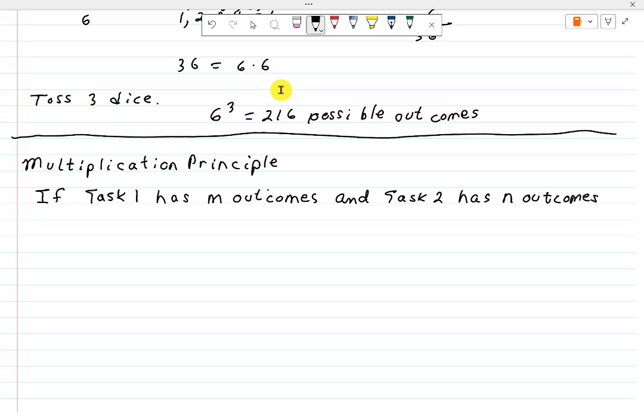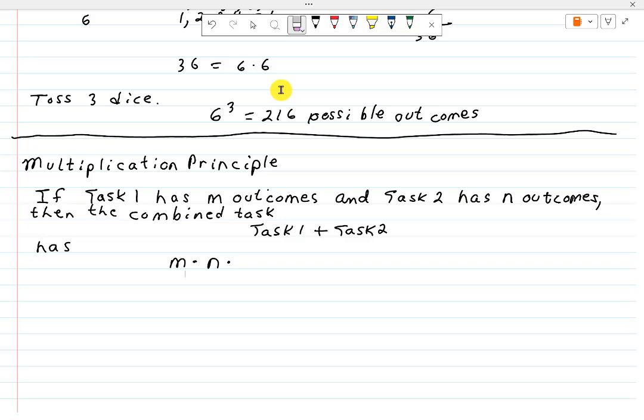so whatever m and n are, they're whole numbers. So if task 1 has m outcomes, task 2 has n outcomes, then the combined task, task 1 followed by task 2, has m times n outcomes.